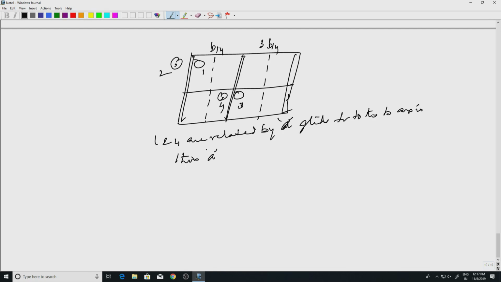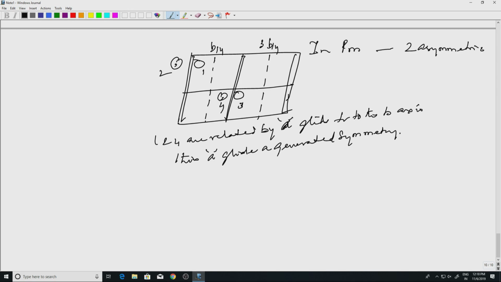This A glide is a generated symmetry. Now let us see, in PM 2 asymmetric unit, in CM 4 asymmetric unit.